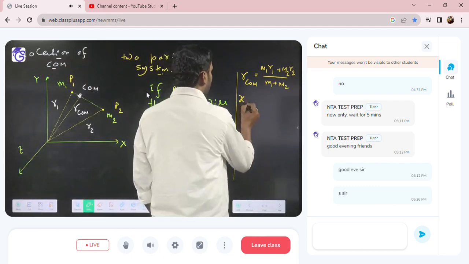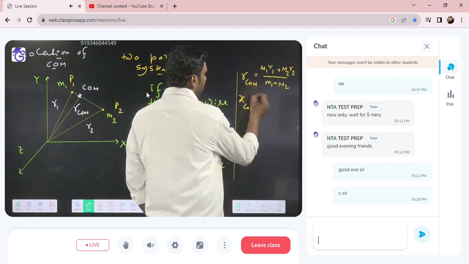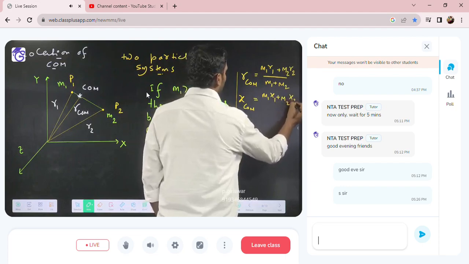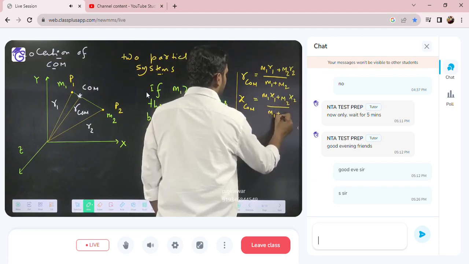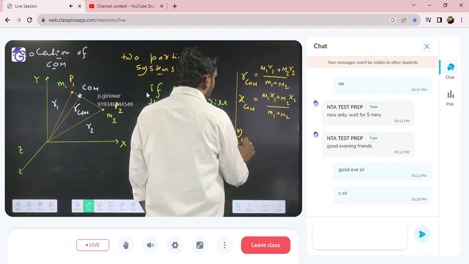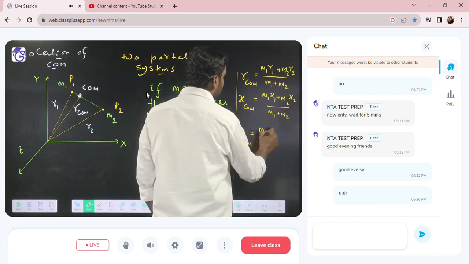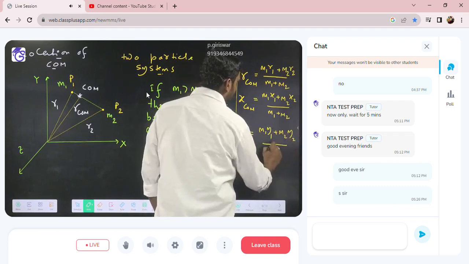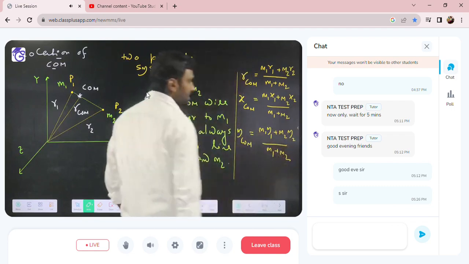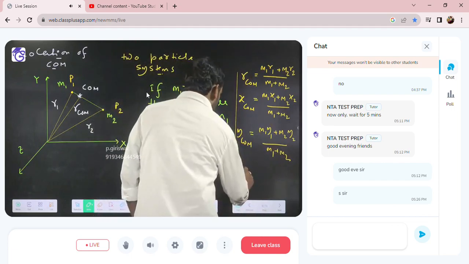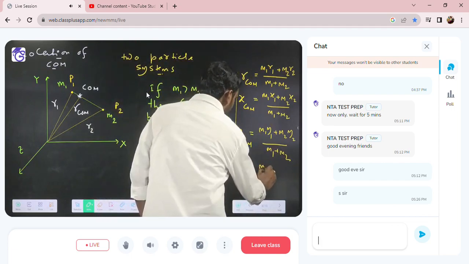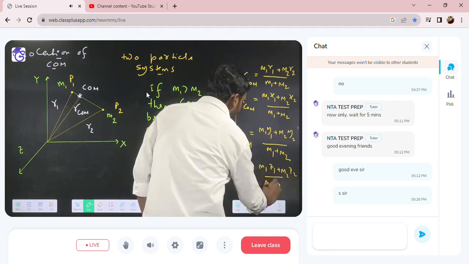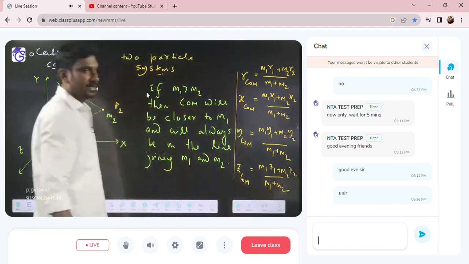Similarly, all of you know, it can have X center of mass: M1 X1 plus M2 X2 by M1 plus M2. Y center of mass, similar logic: M1 Y1 plus M2 Y2 divided by M1 plus M2. And Z center of mass is equal to M1 Z1 plus M2 Z2 divided by M1 plus M2.